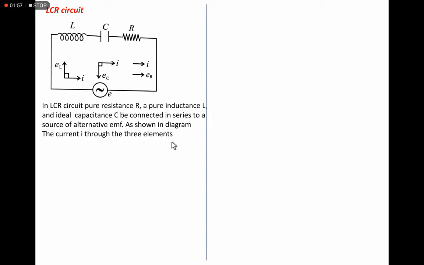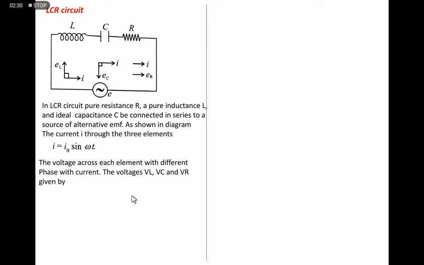Explanation: resistance, inductance and capacitance are connected in series with the source of EMF. We know that the current passing through inductance, capacitance and resistance will be the same, and it is I equal to I naught sine omega t.